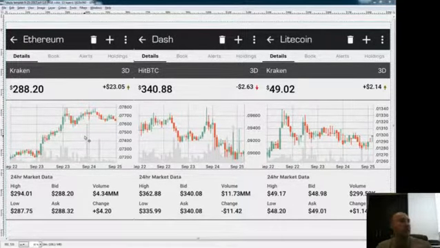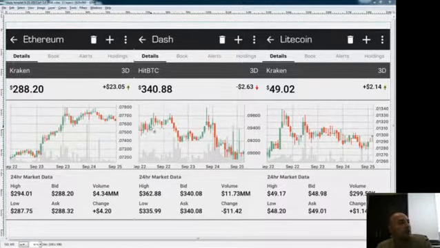So I made a mistake a little while ago, because I said 0.01. It's 0.1. Okay, so now as holding value versus Bitcoin, we see that Ethereum is better than the other two coins that I have here, Dash and LiteCoin.